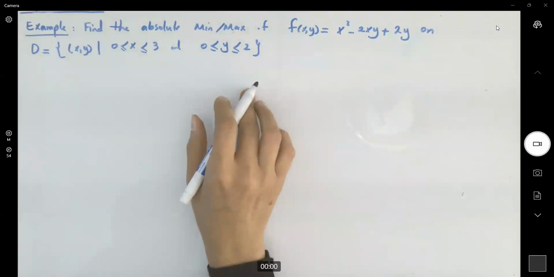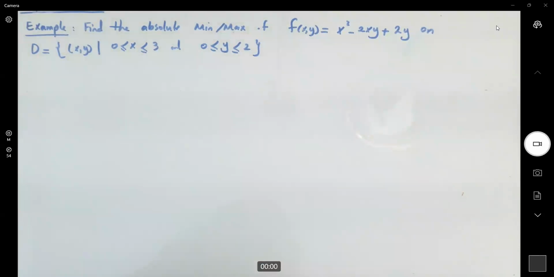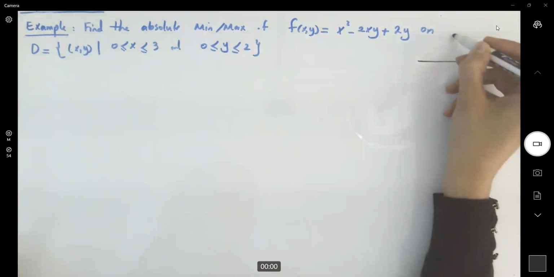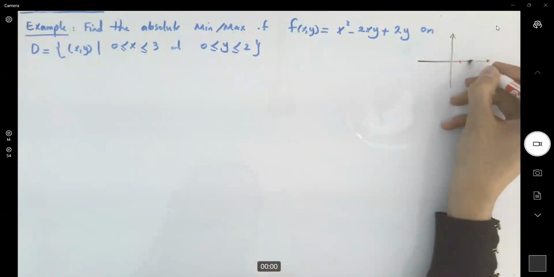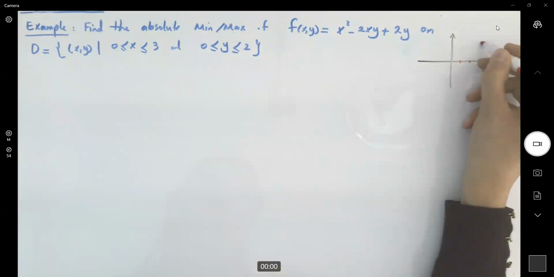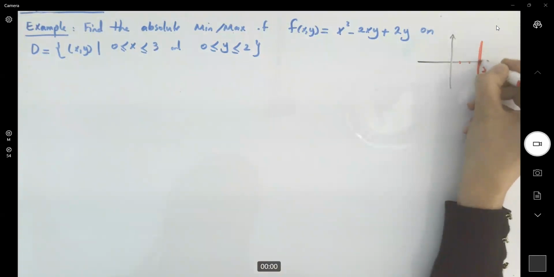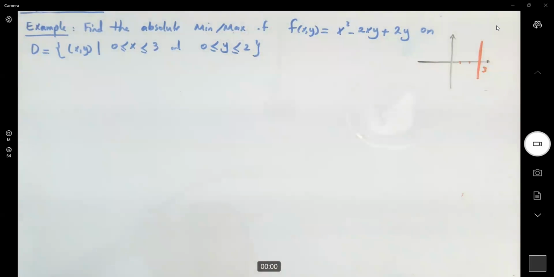So it's actually a box. So here you have a box which can be graphed this way. The part of the domain: x is bounded between 0 and 3. x equals 0, x equals 3, and y equals 0, y equals 2.